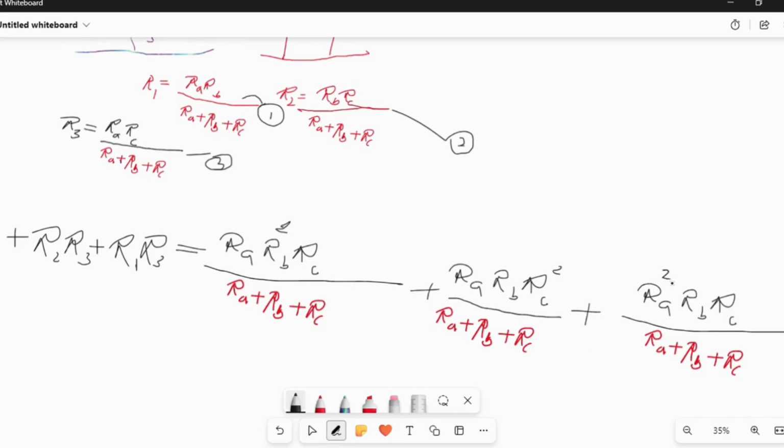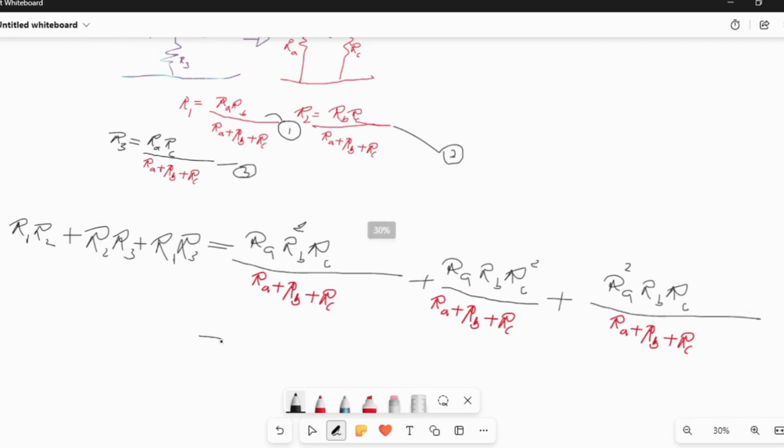So now I will take the common factor. These are squares because it's the same denominator. I'm sorry for that. Then I will take the common factor out. So RC divided by RB plus RC in squared is its common factor.